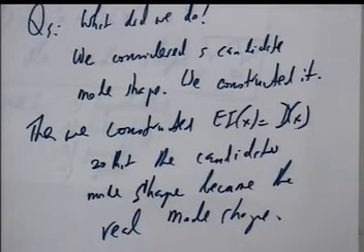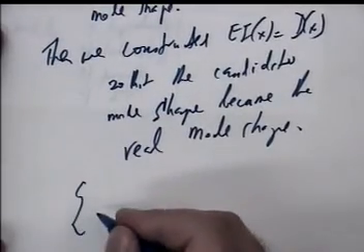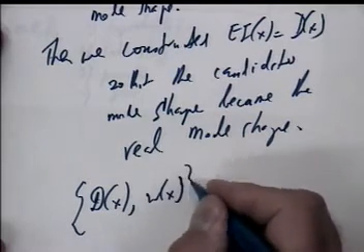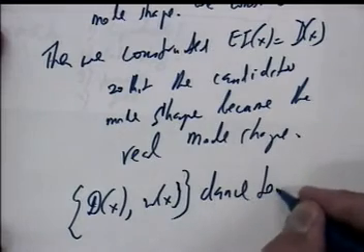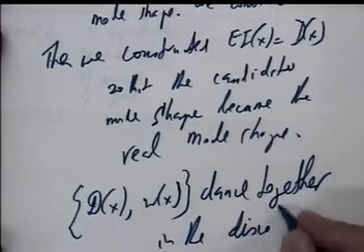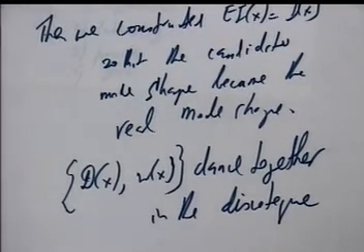There is such d of x that satisfies that d of x together with w. So look, d of x and w of x dance together in the discotheque. And everything works okay. That is what we did.